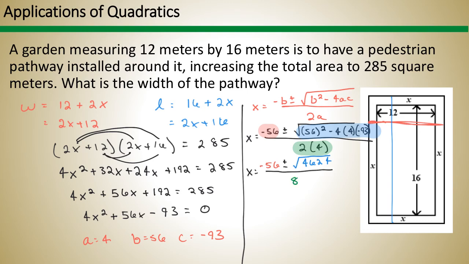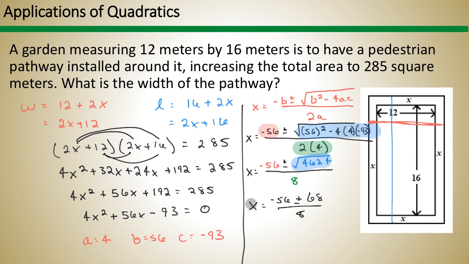So now what we're going to do is we're going to try to simplify this thing right here. Okay, so just try to take the square root of 4,624. And it does come out cleanly. It's 68. So we have x is equal to negative 56 plus or minus 68 over 8.